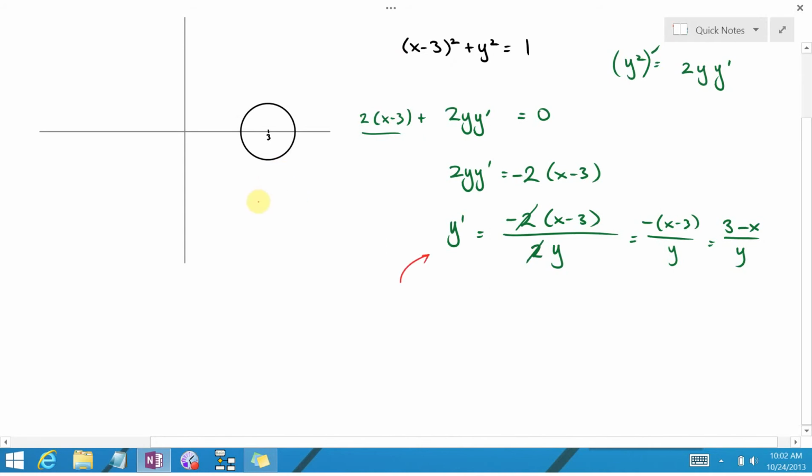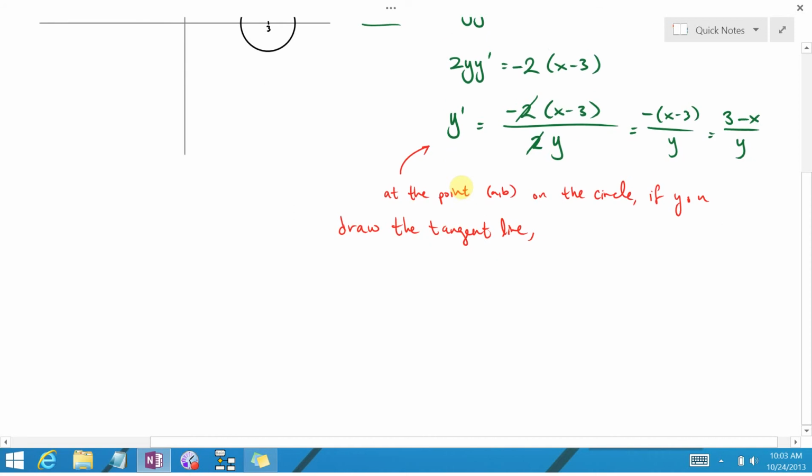This means that at the point (a, b) on the circle, if you draw the tangent line to the circle at that point (a, b), it will have slope 3 minus whatever the x coordinate is, and I called that a, divided by whatever the y coordinate is, and I called that b. So 3 − a over b.